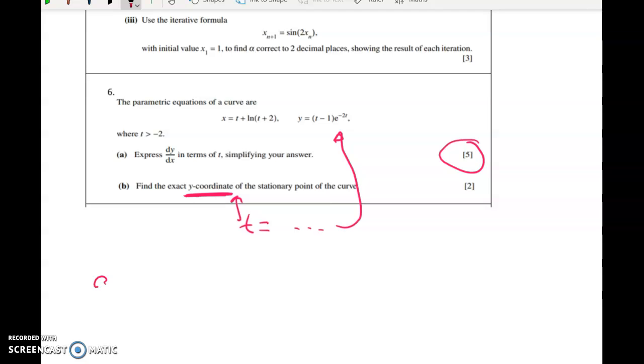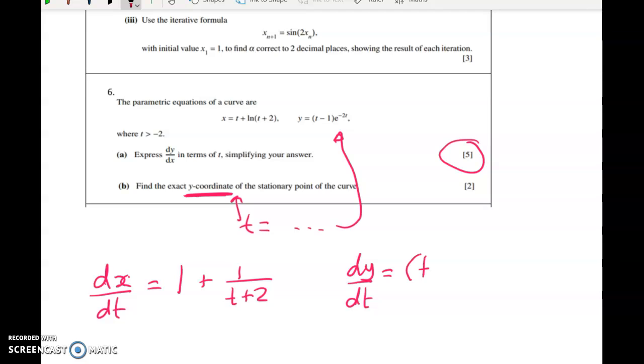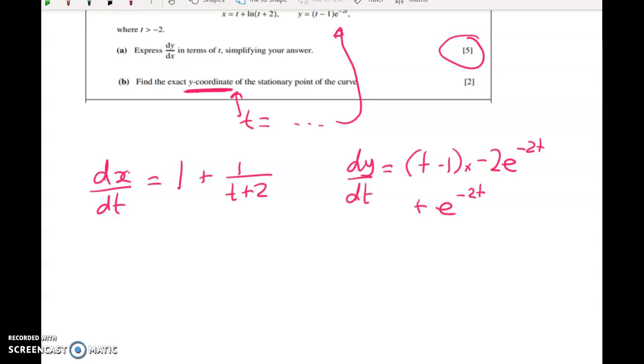Okay, so dx by dt is equal to 1 plus 1 over (t plus 2), and for dy by dt we're going to have to use the product rule, so it's going to be (t minus 1) times negative 2e to the negative 2t, plus e to the negative 2t. Before I start putting those into dy by dx and using the chain rule, I'm going to clean them up.